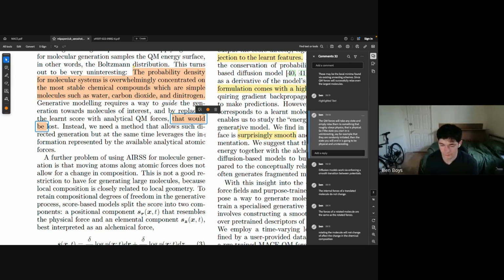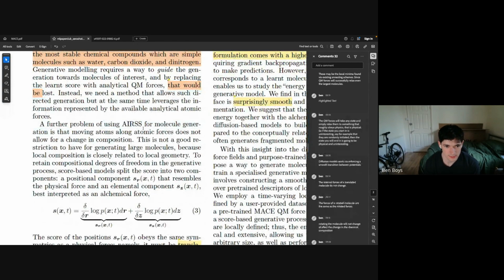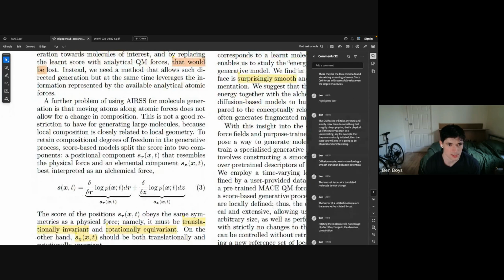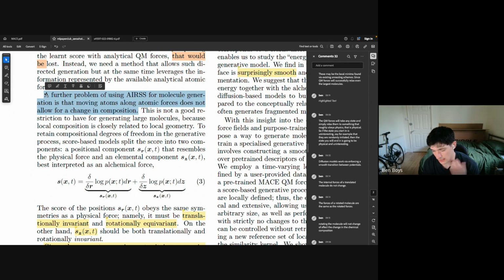A further problem of using this for molecular generation is that moving atoms along atomic forces does not allow for change in composition. So this is, I think, a huge insight breakthrough: you want a model that is chemically reactive. Think about what you need for that.